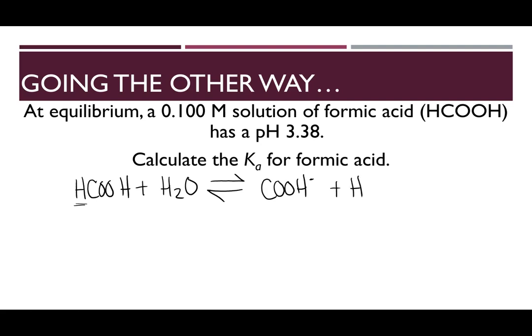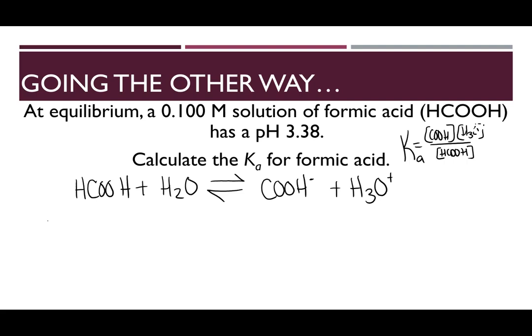And hydrogen is going to attach to water to create this. So there is our equation. Ka is going to be products over reactants. So equilibrium concentration over equilibrium concentration.